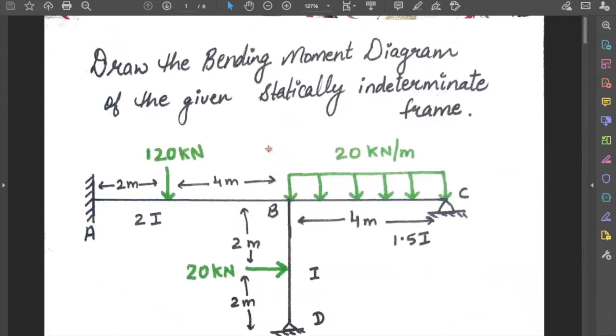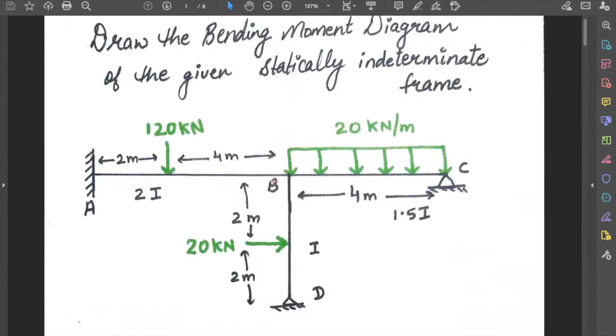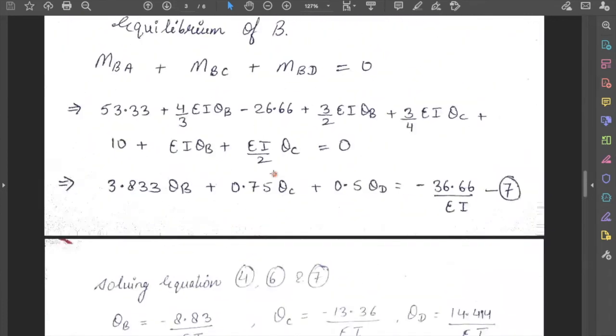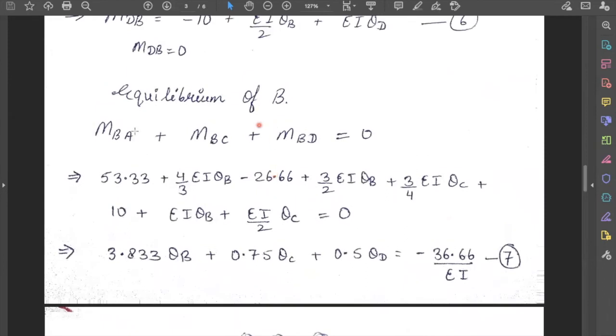In the figure, we can see that since there is no external moment, we can write the equilibrium equation of B as MBA plus MBC plus MBD equal to 0. So all the moment equations at B correspond to 0.